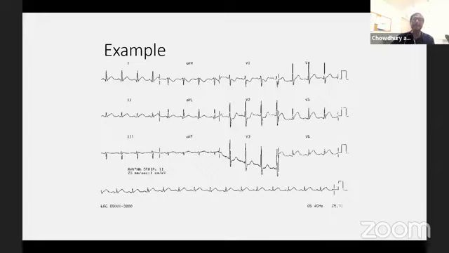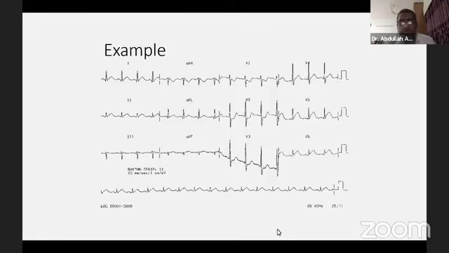In that case, a couple of things are important. It could be RV involvement, and doing lead VR, a right-sided lead, normally we don't need it, but in isolated posterior it may help. And RV involvement and hypotension have significant prognostic implications.